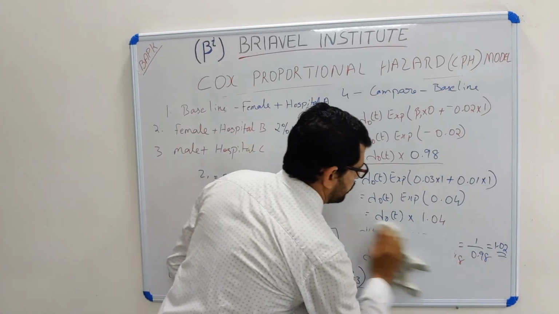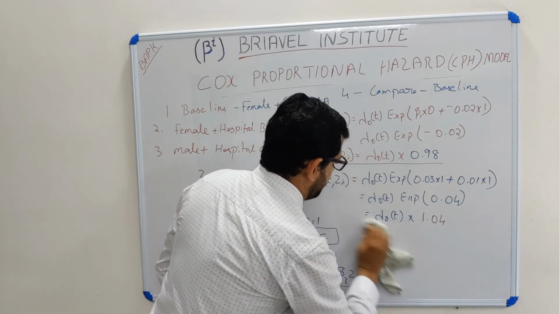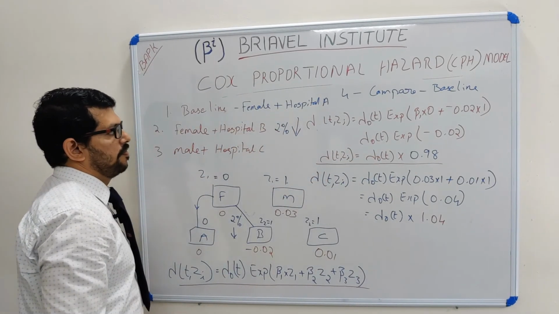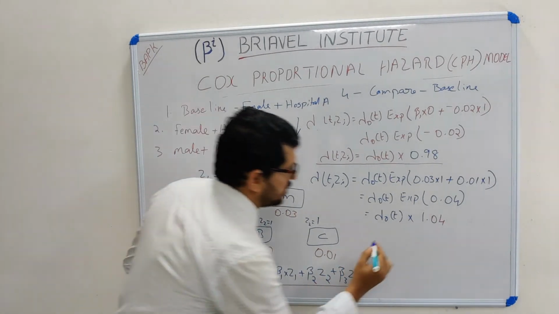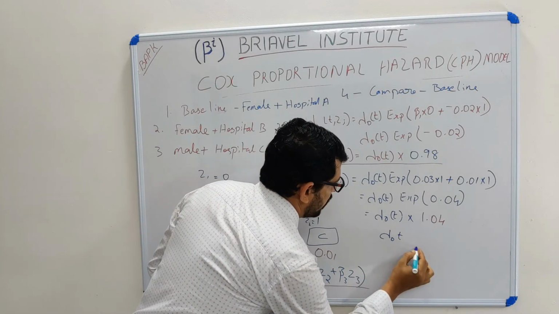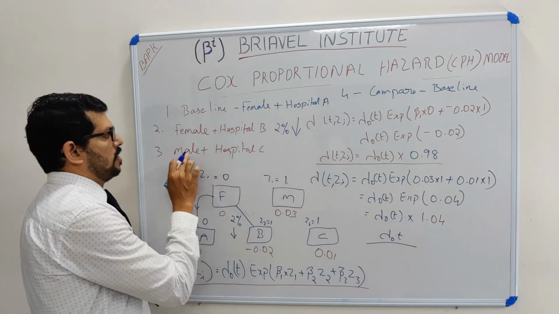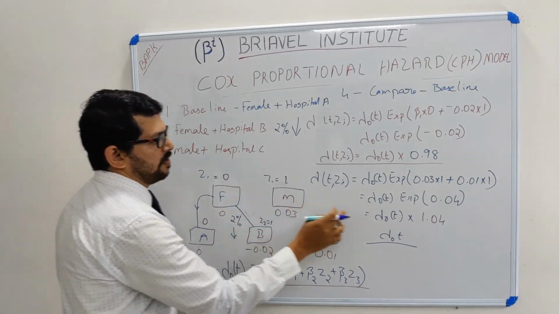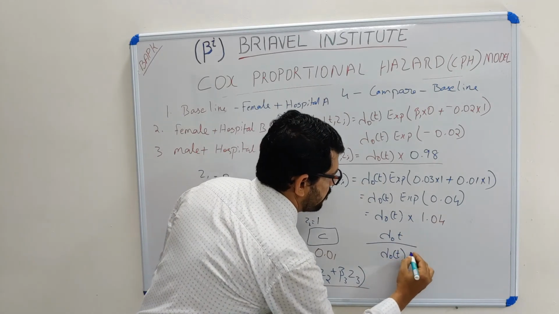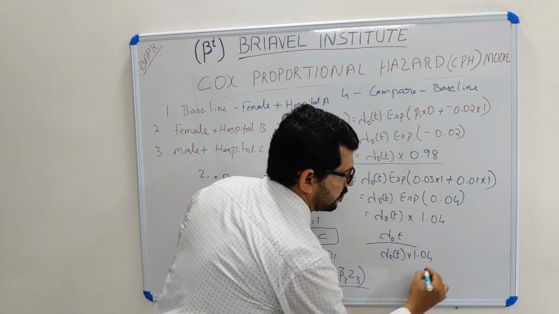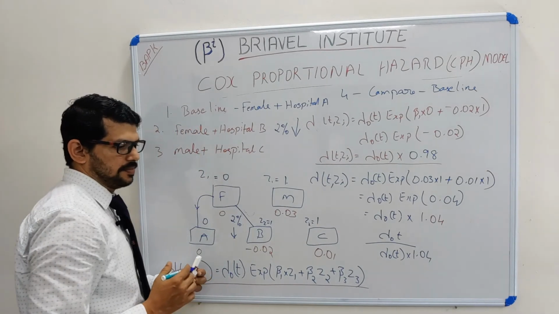If you go further, the baseline hazard with male and hospital C. The baseline hazard is lambda 0 t. Compare with male plus hospital C. What is the value? Male plus hospital C is lambda 0 t into 1.04.